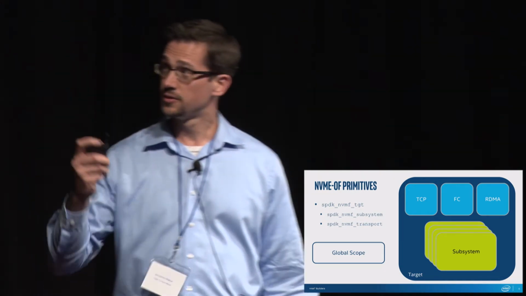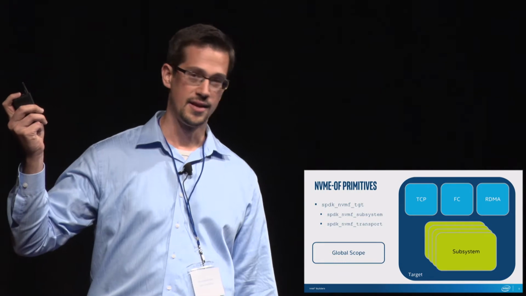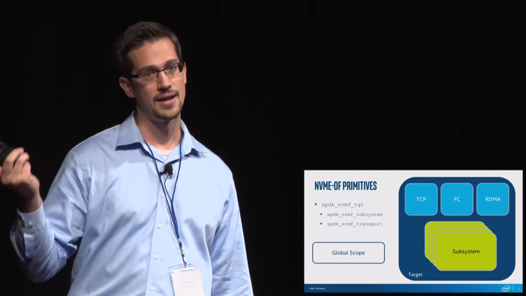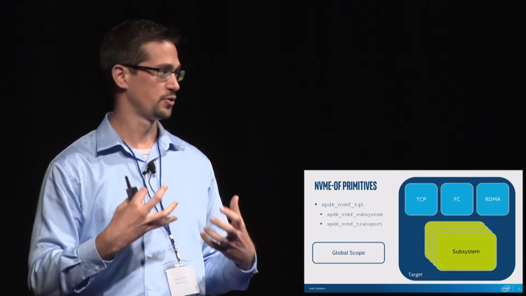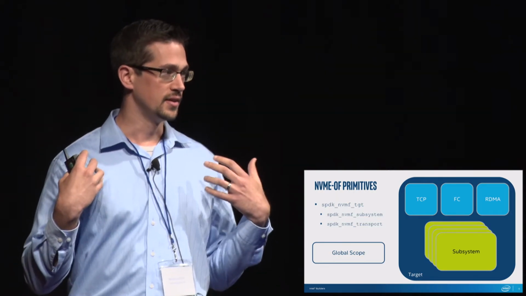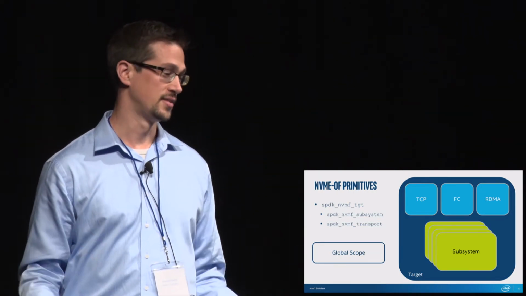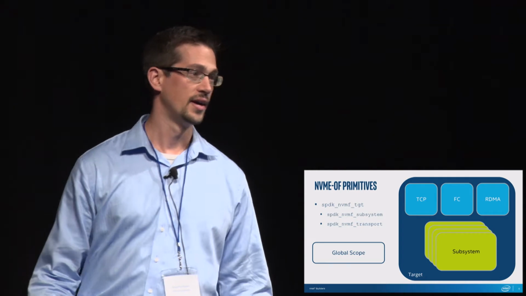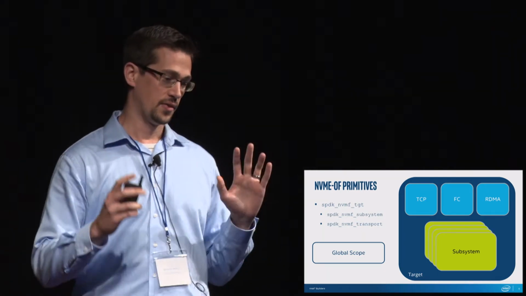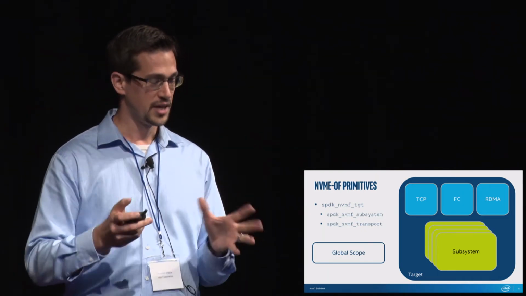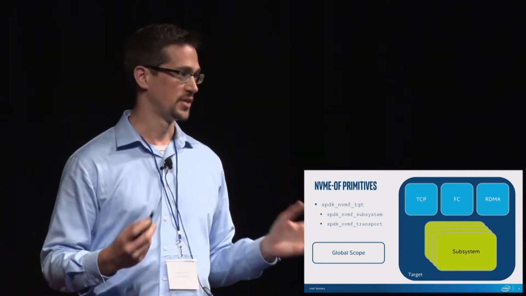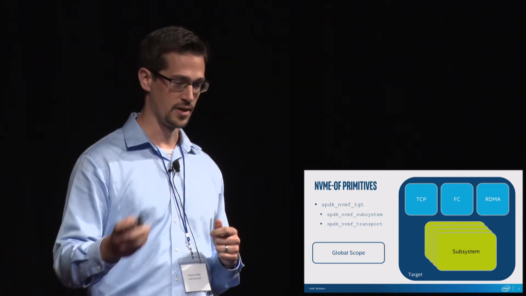What's important about these objects is that they are global in scope. By that, I mean the data structure that represents them lives in a place in memory that all threads can access. So the way you change them is actually a complex set of rules. We don't take locks. That I'll cover in just a moment.